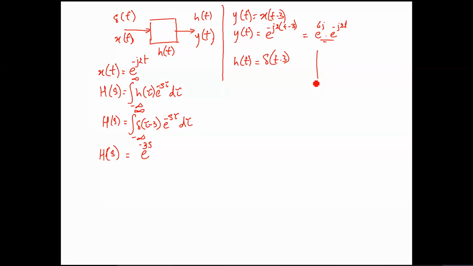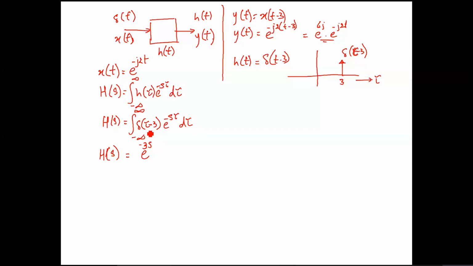We should be comfortable with this concept by now. So this is your delta tau minus 3. If it is tau axis, it will be tau. If it is t axis, it will be t. It is 0 throughout, and 1 only at tau equal to 3.